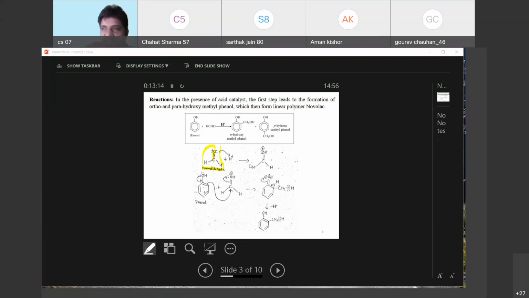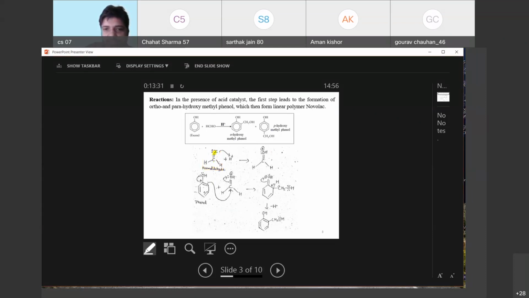In the presence of catalyst, the first thing that happens is protonation of the carbonyl group, because we are adding H+ here. This H+ attacks the oxygen of the carbonyl group.